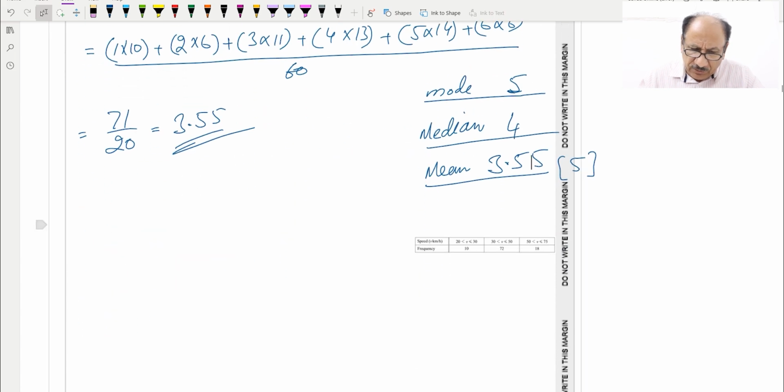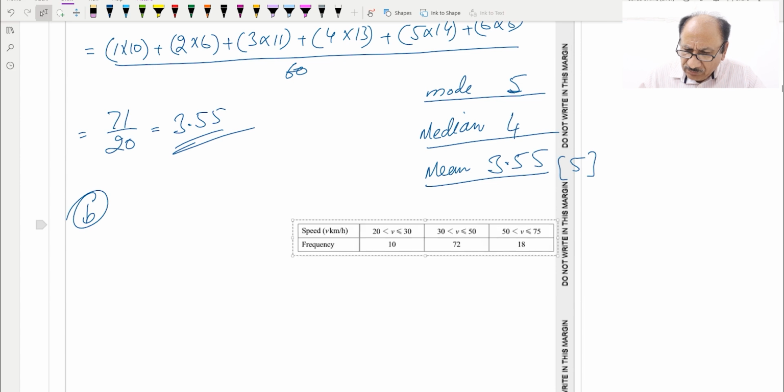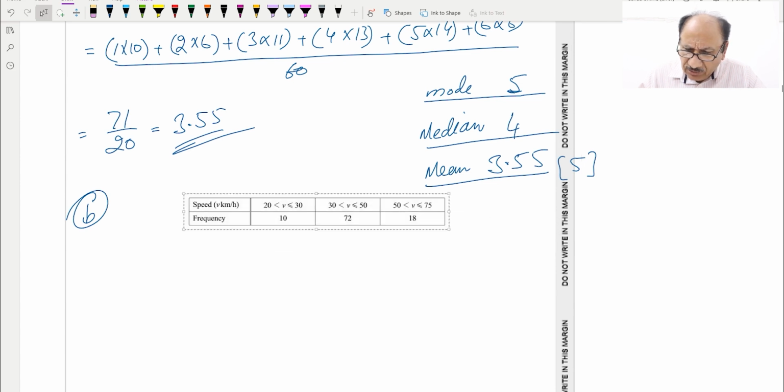Now for the B part, we can write the part over here, and they're saying Sangeeta measures the speed of each of 100 cars. The results are shown in the table, and we can refer to the small table, where the range is given, and frequency is given. So this is speed in the form of range and frequency. For this range, we will be calculating.